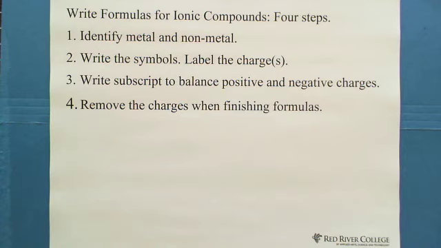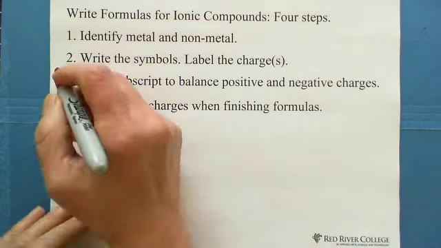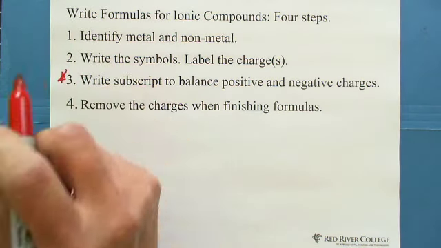The total charge for a compound is 0, so it's neutral. That's why we need to write the subscripts to balance positive and negative charges. This part is most important for us.